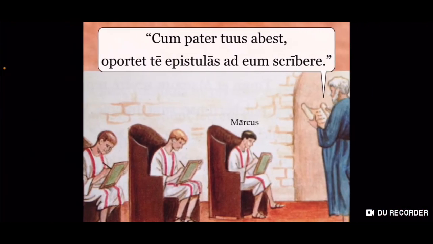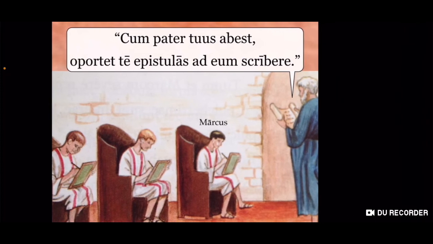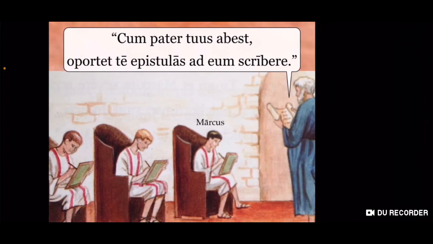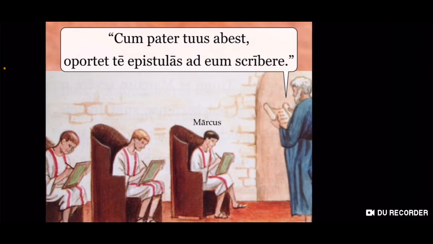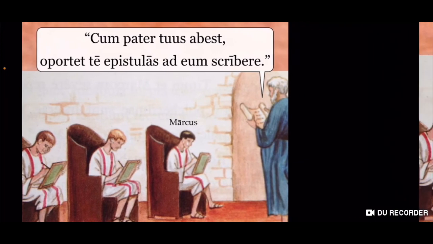Cum pater tuus abest, oportet te epistulas ad eum scribere. When your father is away, it is right or opportune to write him letters. It is opportune for you to write him letters.